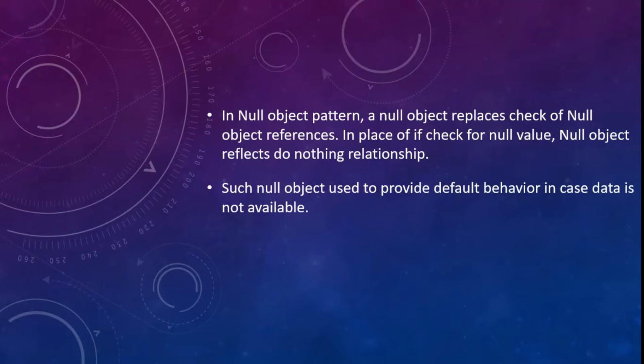So in place of checking a null reference on an employee object reference, we will create one null object do-nothing class. That will be used whenever we find that the employee object has a null reference. We can elaborate more in the implementation part. So let's start with the implementation and explore more of the null object pattern.